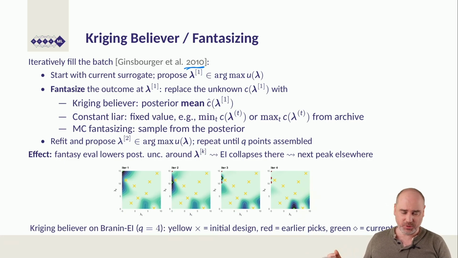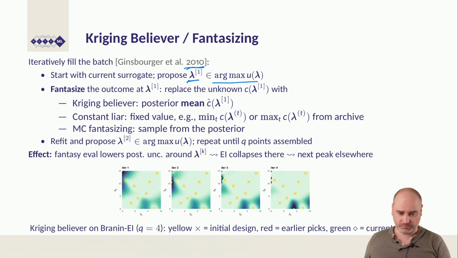in a sequence. So you start with your first element of your batch, lambda 1, and you do this by normal optimization of the acquisition function. So you just do your normal thing, and you get your configuration from EI maximization as usual, as you would do in a non-batch version.